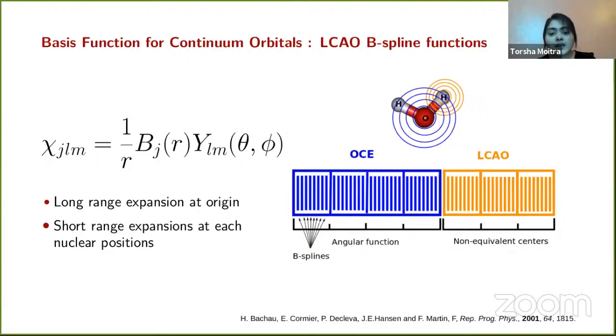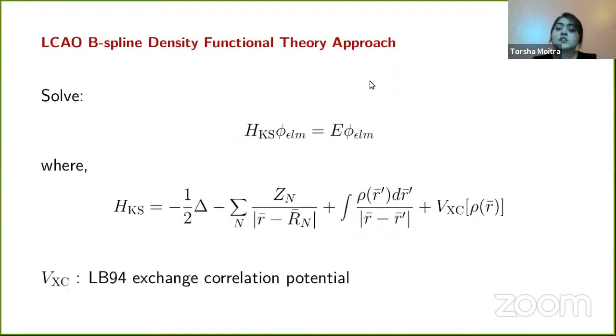And we place additional short range expansions at each of the nuclear positions to take care of Coulomb cusps. Even though here I show the expansion for only one hydrogen atom, an equivalent one is present also on the other hydrogen atom.